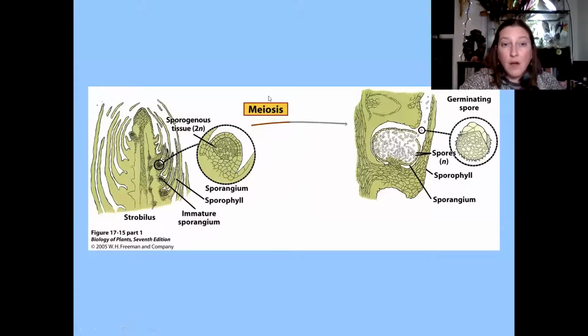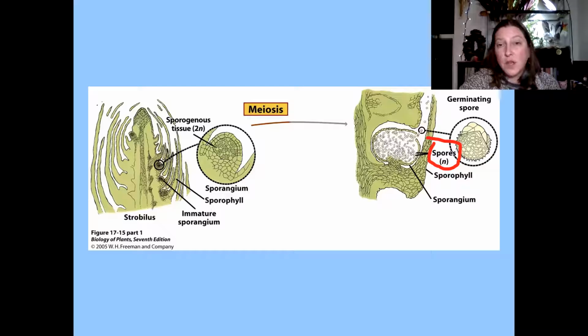So this is where we left off. Meiosis is going to occur in the cells that will generate the spores, the sporogenous cells. Once meiosis occurs, the result is haploid spores. So this here is our sporangium. You can see there's all these things inside of it now.